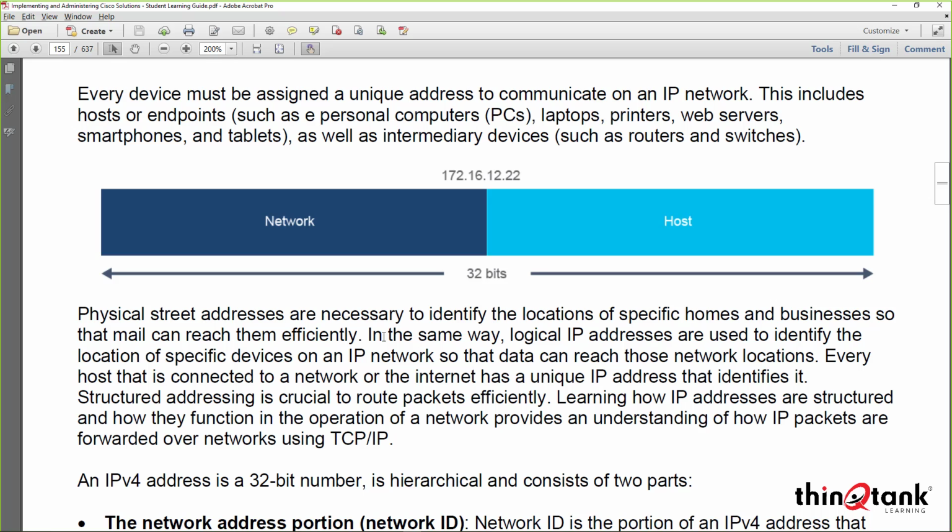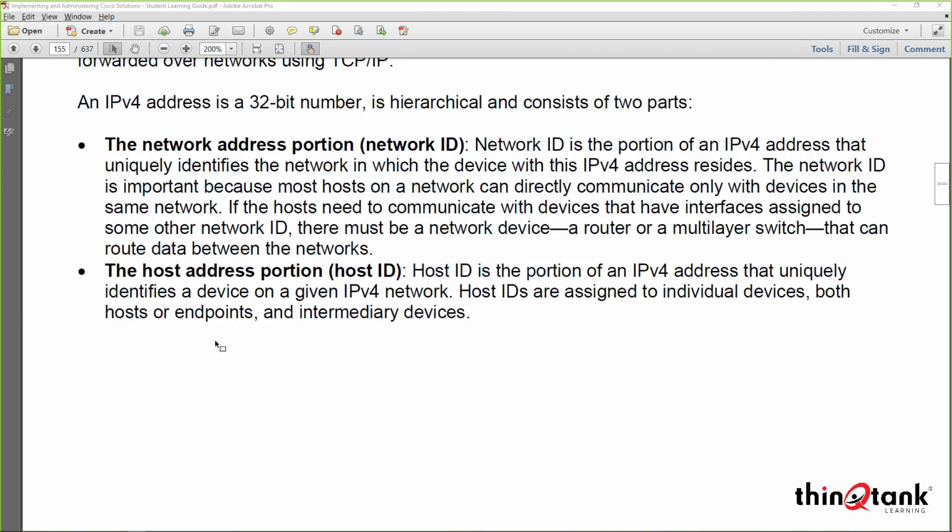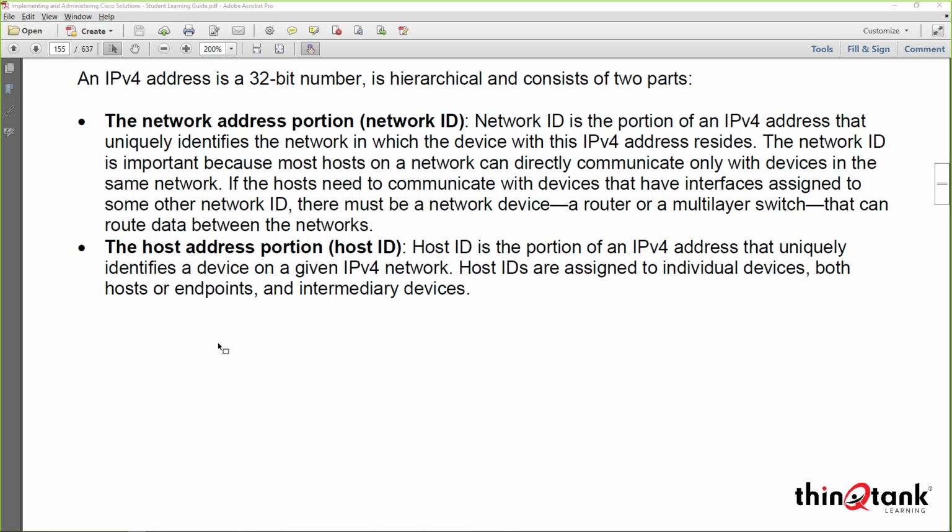Ultimately, how are the addresses represented? Binary, powers of 2, right? So all the math that we're going to learn about subnetting this morning, understanding how a subnet works and so on, is applied the same way with IPv4 and IPv6.